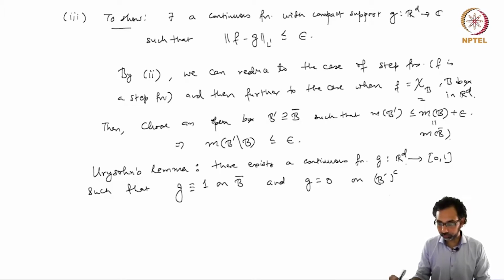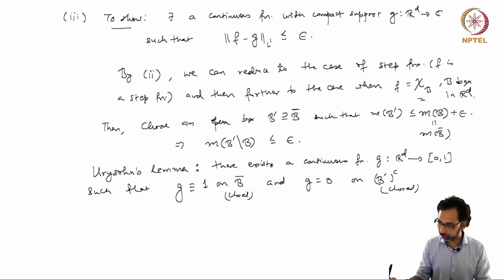So this is about separation of disjoint closed subsets of Rd. This is a closed set and this is a closed set. Urysohn's lemma states that there exists a continuous function which is 1 on one of the closed sets and 0 on the other closed set.